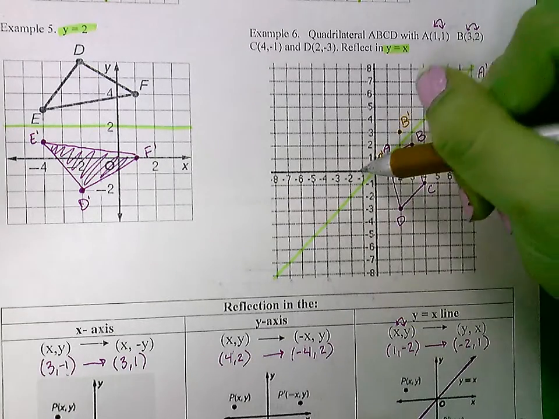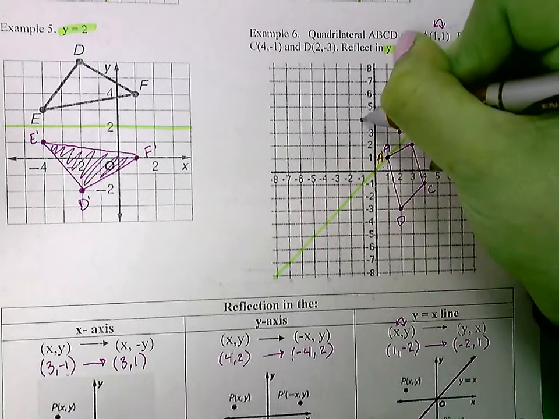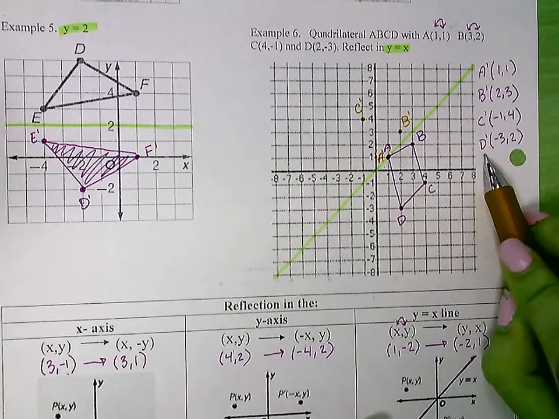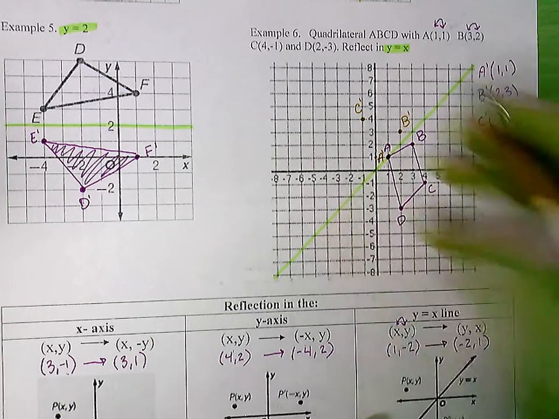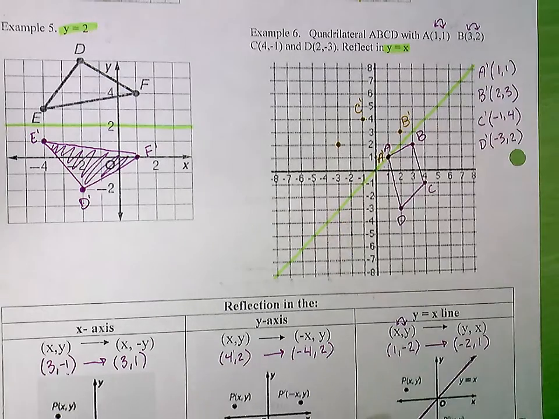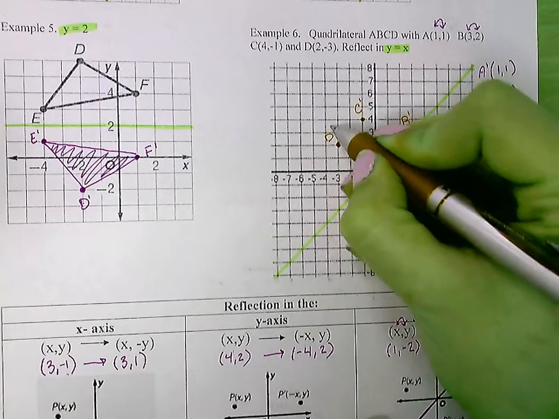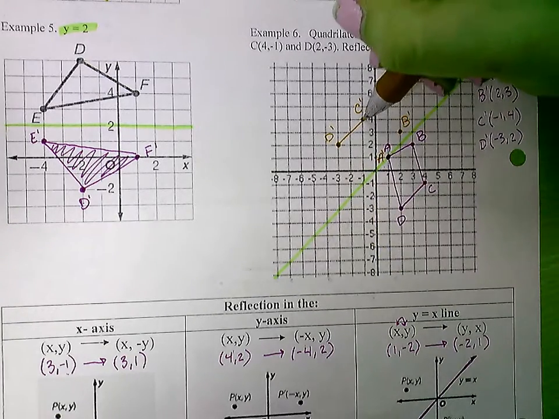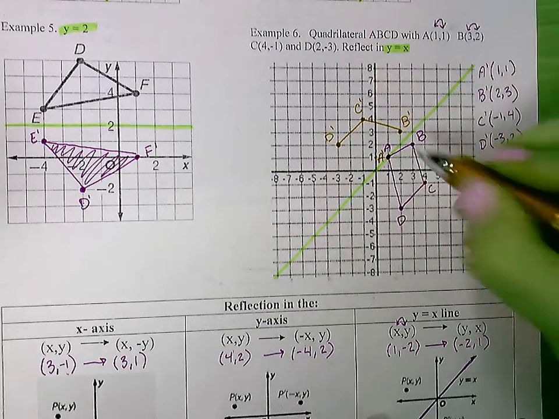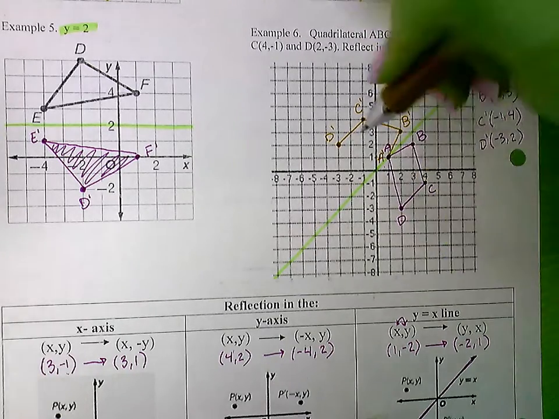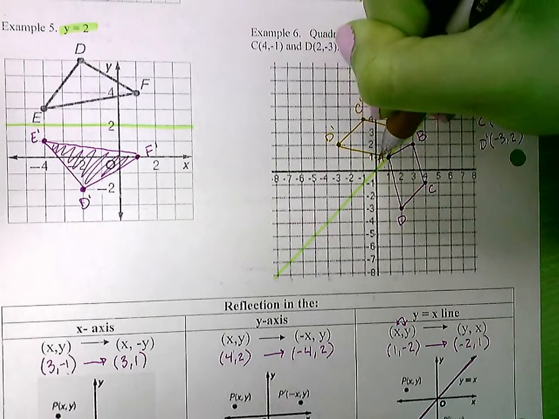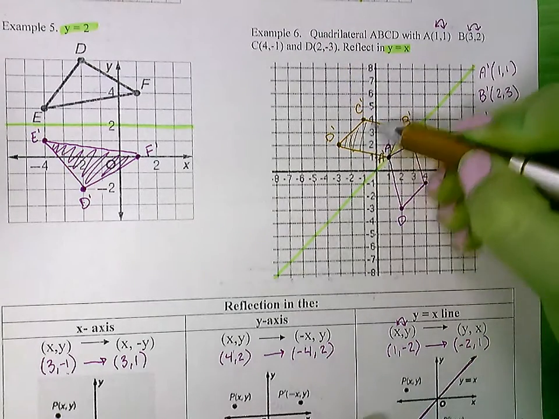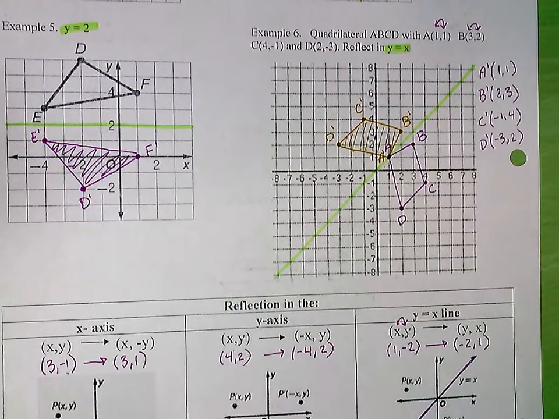So left 1, up 4. Label that C prime. And then D prime is at -3, 2. And I can label that D prime. Then I just need to connect all 4 points. And this one right here will be that final image.